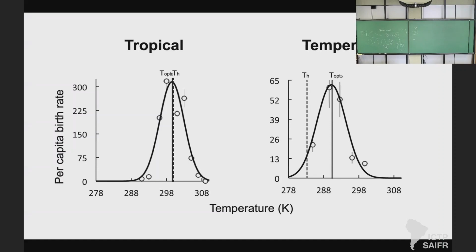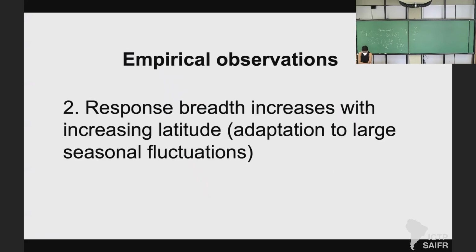So they've evolved optima that greatly exceed the mean habitat temperature, which is driven by the fluctuations in the environment, but they are adapted to take advantage of the favorable time periods of the year, which is spring and summer.